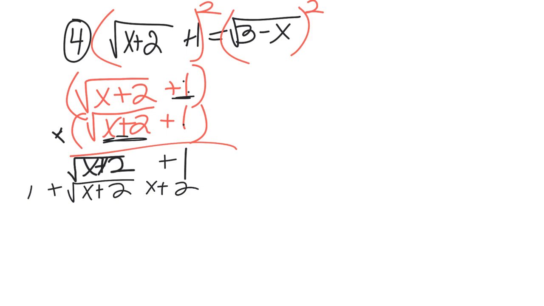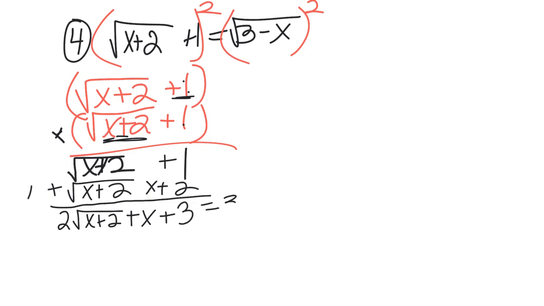So when I add these together, I have 2 square roots of x plus 2 plus x plus 3, and that equals 3 minus x. So then we're going to move everything to the other side, minus 3 and minus x.